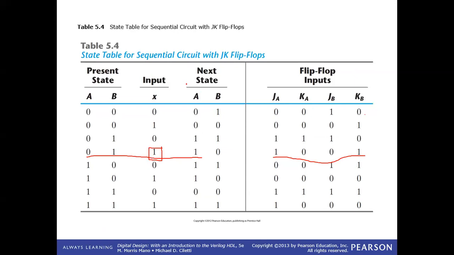This is the present state and the next state, whereas this table over here represents the inputs that are being supplied to the JK flip-flops for the present state and for the next state. Is this clear? Yes sir. Okay, so should we discuss any other case from this truth table?